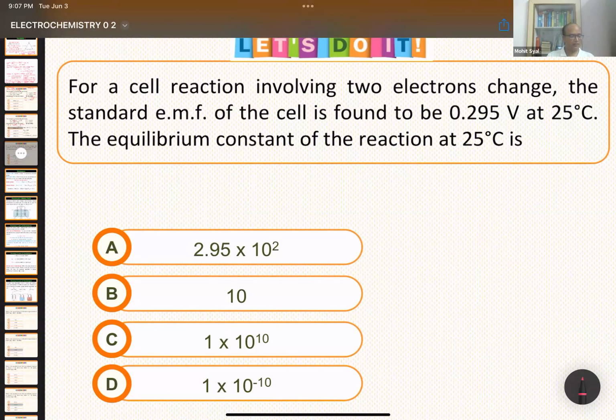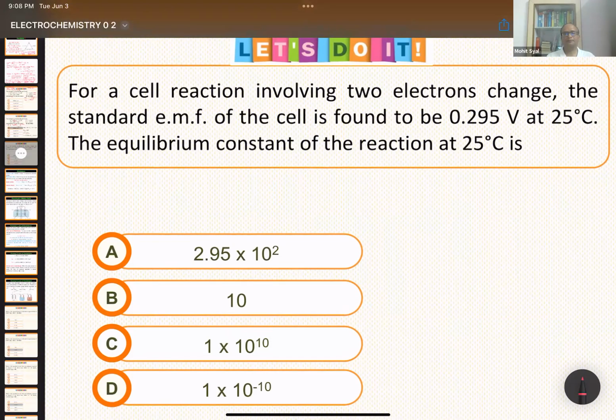How are we going to do this? We'll use Gibbs free energy, because n is given and the standard cell potential involving 2 electrons has already been given.